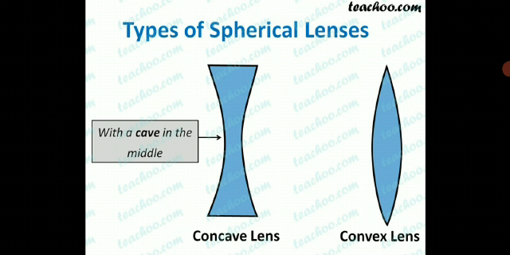You draw this diagram in your notebook, children. Types of spherical lenses: it is categorized into concave lens and convex lens. Please draw this diagram so that the concept of convex lens and concave lens is very clear to you. I hope you are drawing this in your notebook, children.